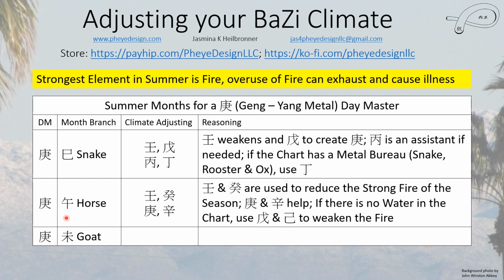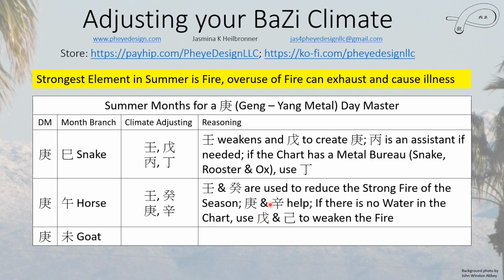Now, if you were born as a Gung Day Master in the month of the Horse, what you really need is a lot of water. And of course, by now you might realize that water represents flexibility. You need this because this is the strongest time of fire. This is where we have the summer solstice. So fire is very, very strong here.